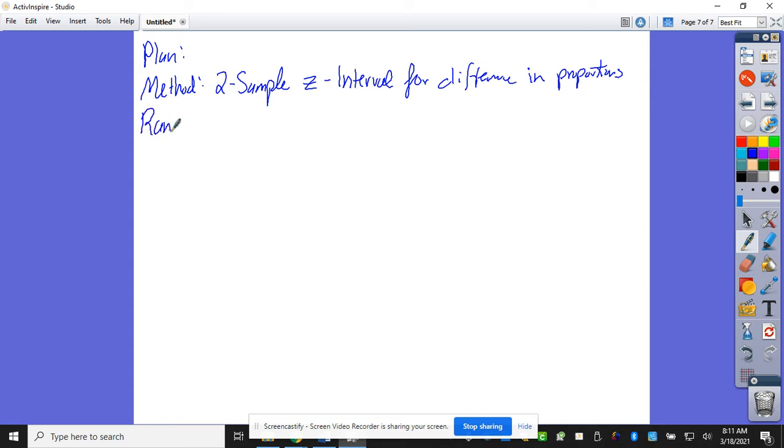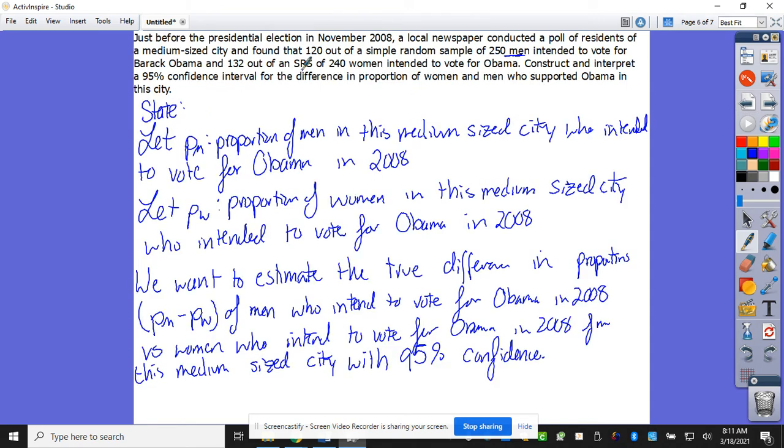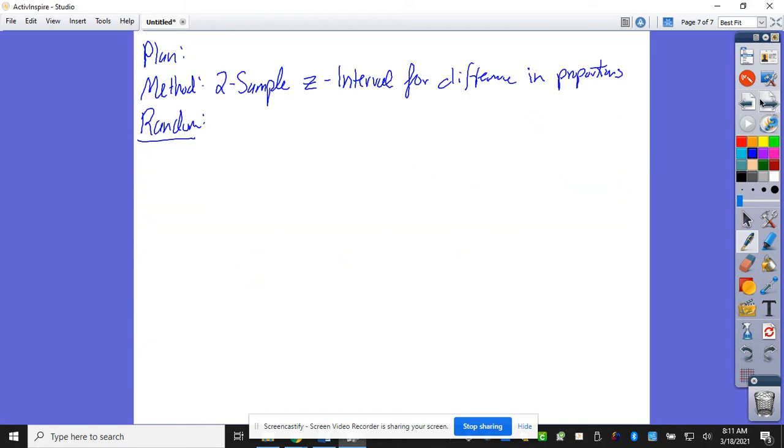Random. Again, it's going to alter a little bit. Both of them specifically said SRS. Remember, you cannot say SRS unless it literally is an SRS. This one also specifies SRS. So we can say it states that both men and women were simple random samples from this medium-sized city.